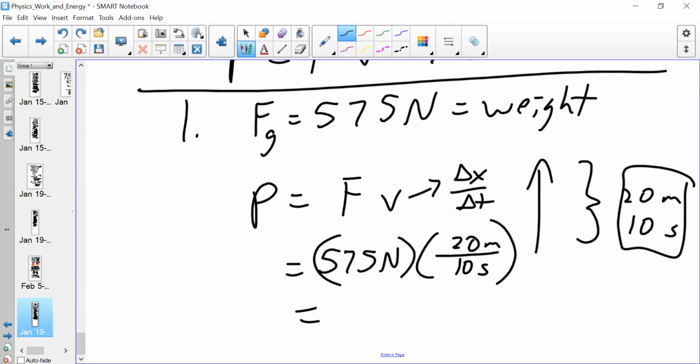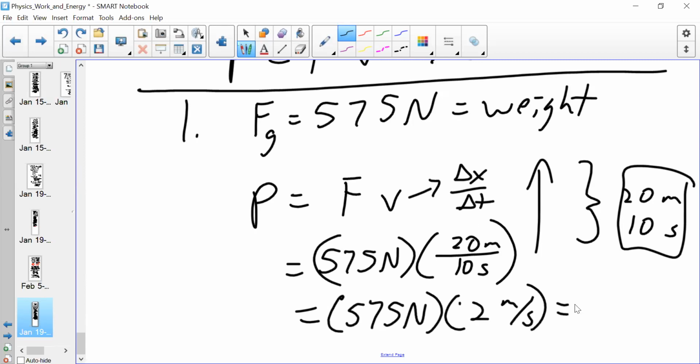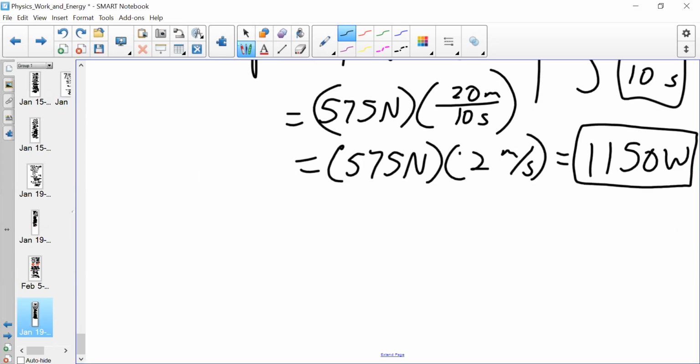So that's just 2. 1,050, 1,150, carry the 1. Okay, so that's going to be 1,150 watts of power produced, developed.